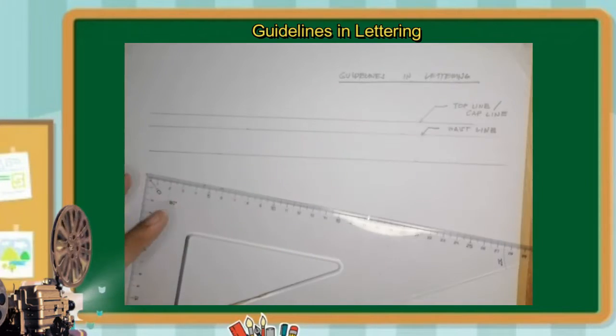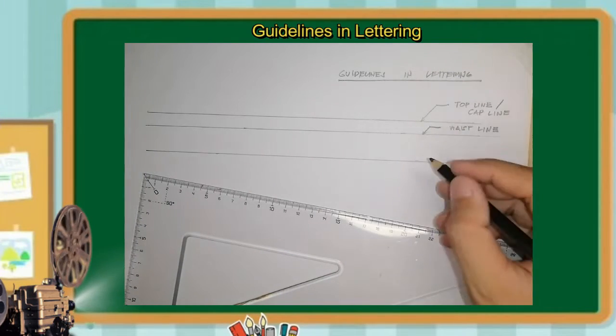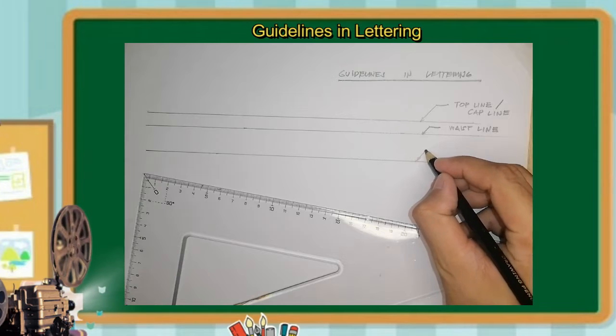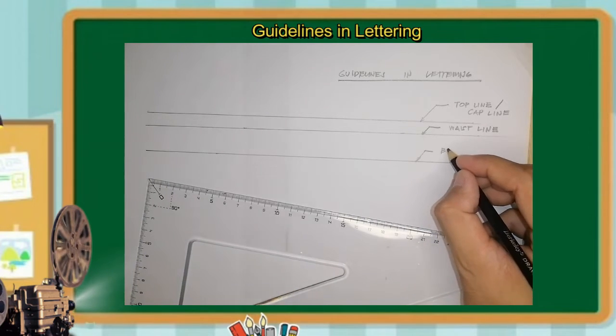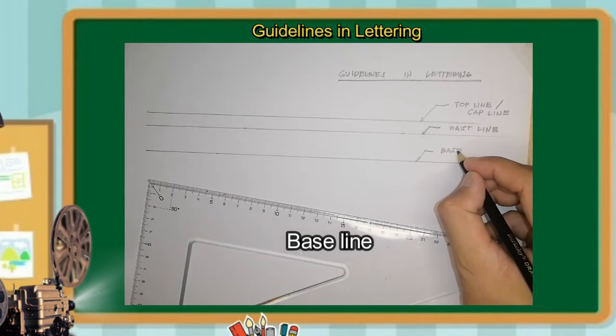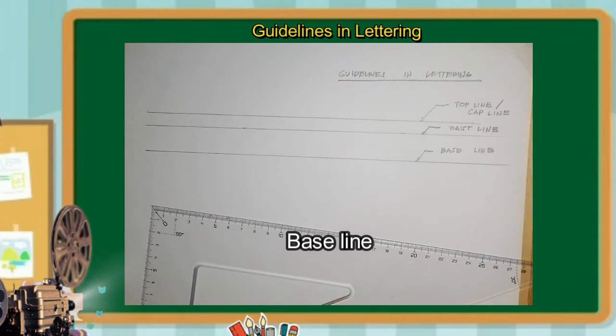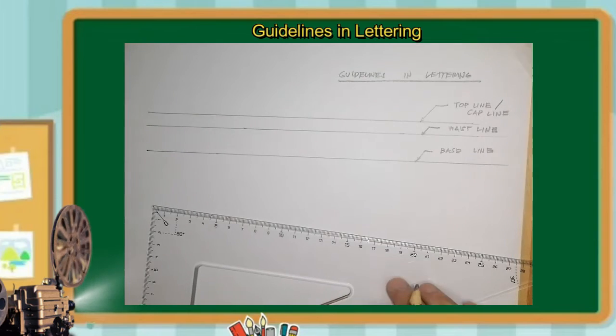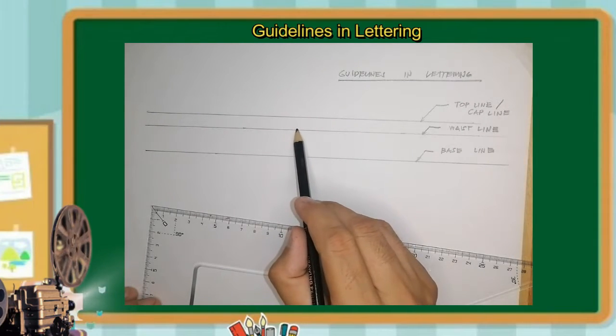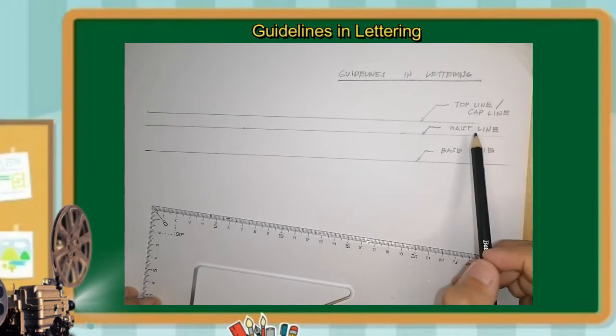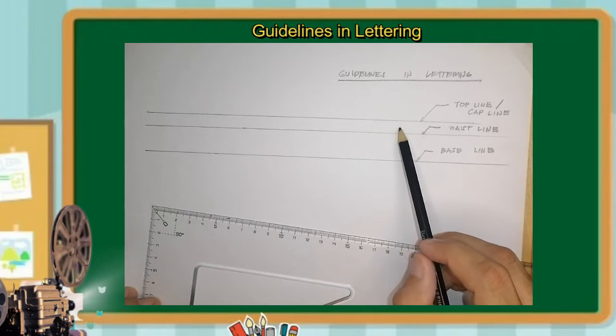So normally we have 4 guidelines. For our third guideline, we call it the baseline. Next, for our last guideline, the same as the distance from top line to waistline, it is also 1 centimeter.